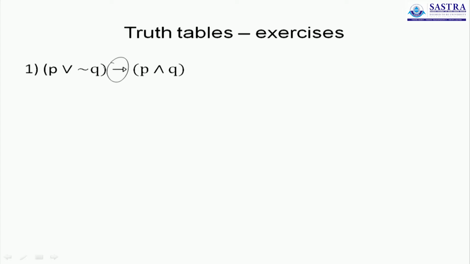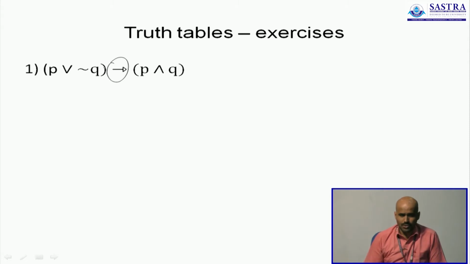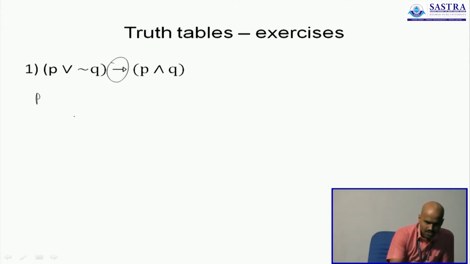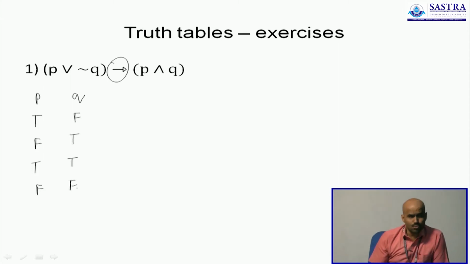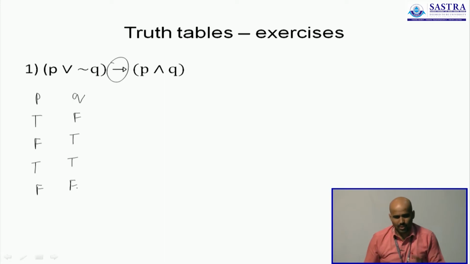The first thing to note is that it's a compound proposition involving only two statements. So since there are only two statements, only four possible cases will arise. Either both of them are true, or both of them are false, or only one of them is true in two different ways.